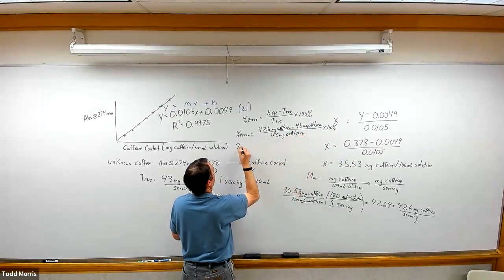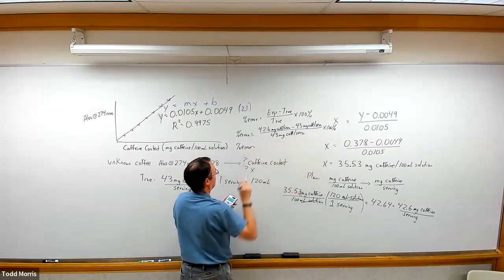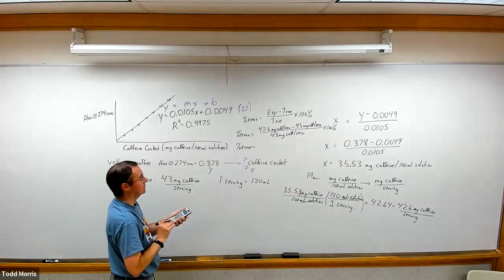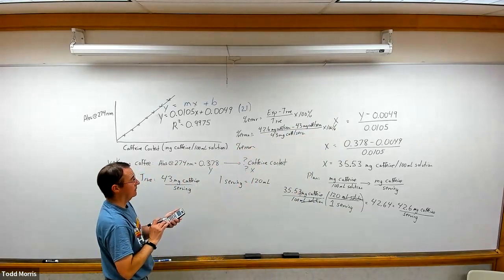Then we plug all our values in: 42.6 minus 43, divided by 43, times 100%.